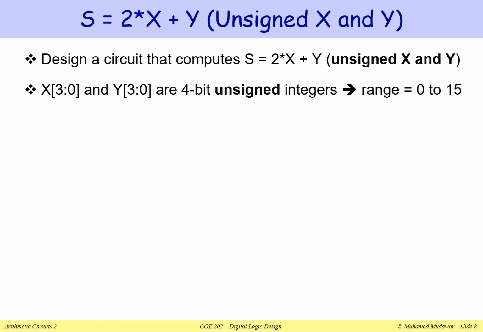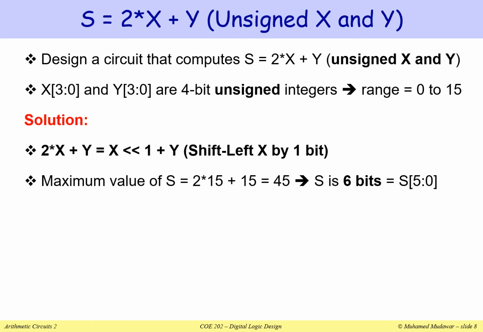We can shift X to the left by 1 bit. This will give me 2 times X. So 2 times X is X shifted to the left by 1 bit. So what we need to do is shift X to the left by 1 bit, and then we can add Y to it.